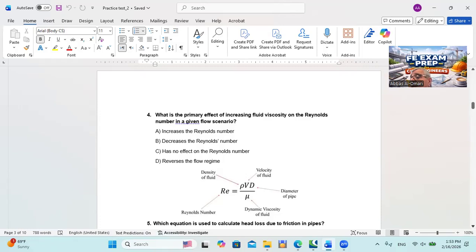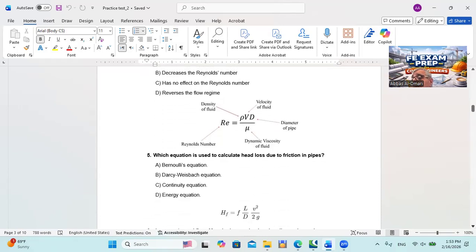So by increasing the dynamic viscosity of the fluid, that reduces Reynolds number. From the equation, we see that if mu is increased, then Reynolds number will decrease. So the answer is B, decreases the Reynolds number.